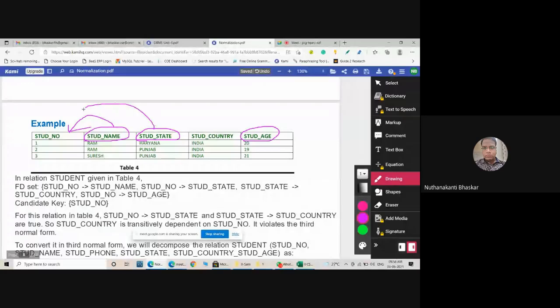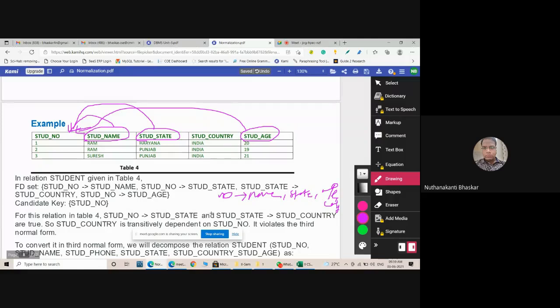Yes or no? Yes, sir. So how to write the functional dependency? Here I am writing: number determines name, state, and age. Correct? Yes, sir, even country we can write.